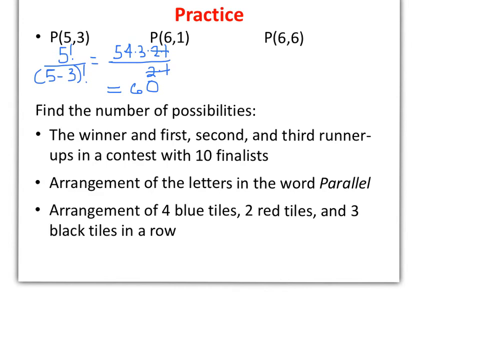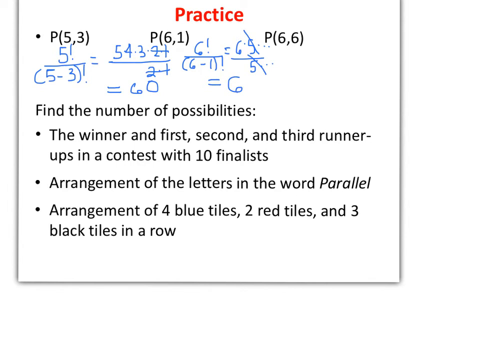If you have the permutation of 6, 1, that's going to be 6 factorial over 6 minus 1 factorial, so that's actually going to be 5 factorial. So when you start this off, you have 6 times 5 over dot dot dot over 5 dot dot dot. Those are going to cancel, and P(6, 1) just equals 6.